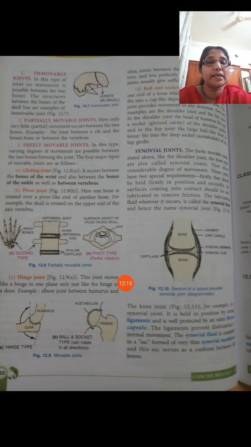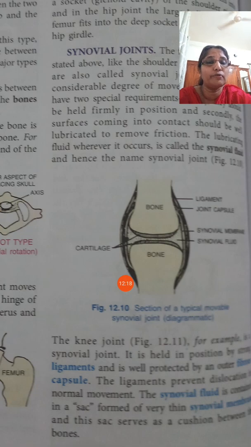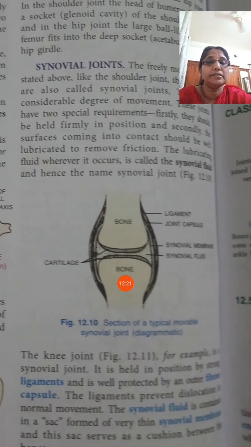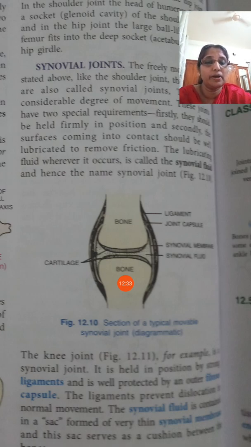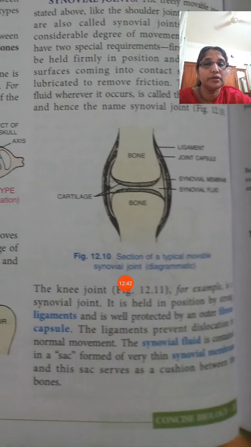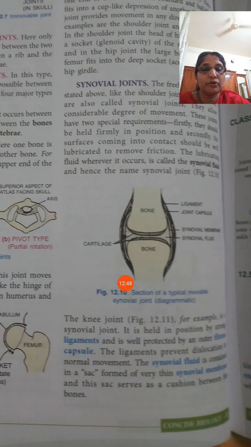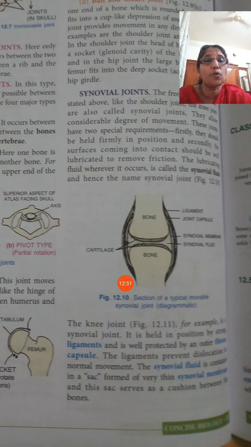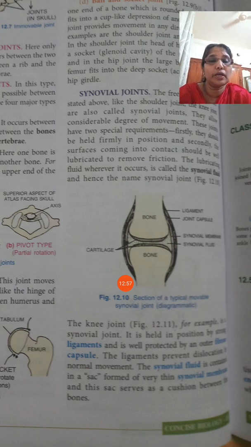Then the synovial joint. A kind of fluid, synovial fluid, will be present in certain regions to lubricate or remove friction between the bones. The knee joint is an example of a synovial joint. Our shoulder region is also synovial, and in that region also a liquid is present.